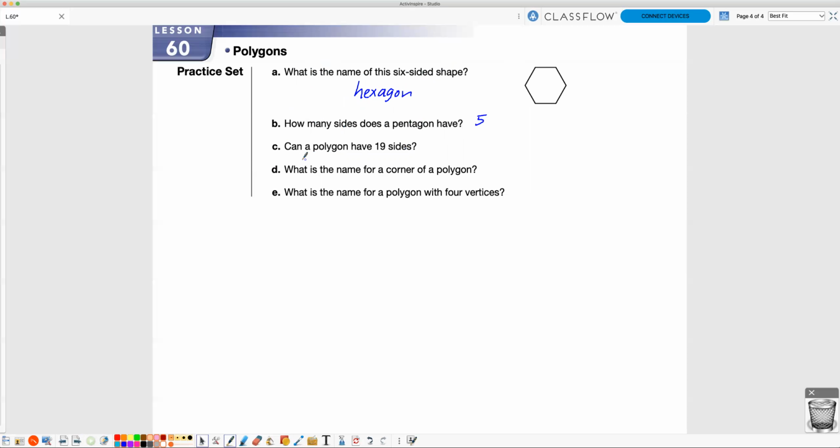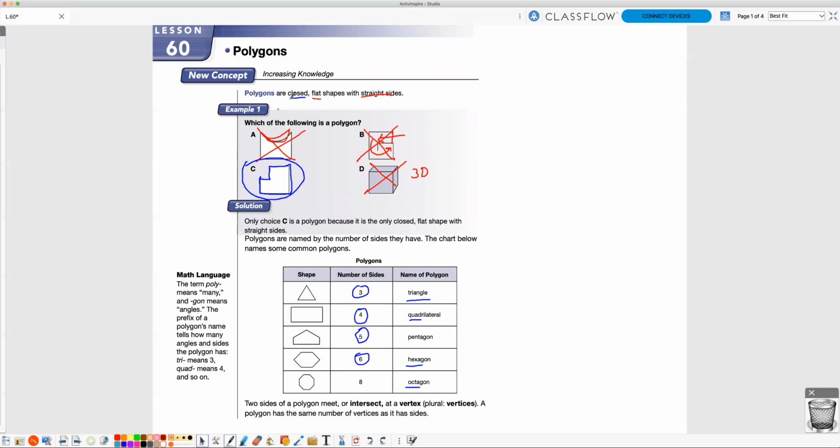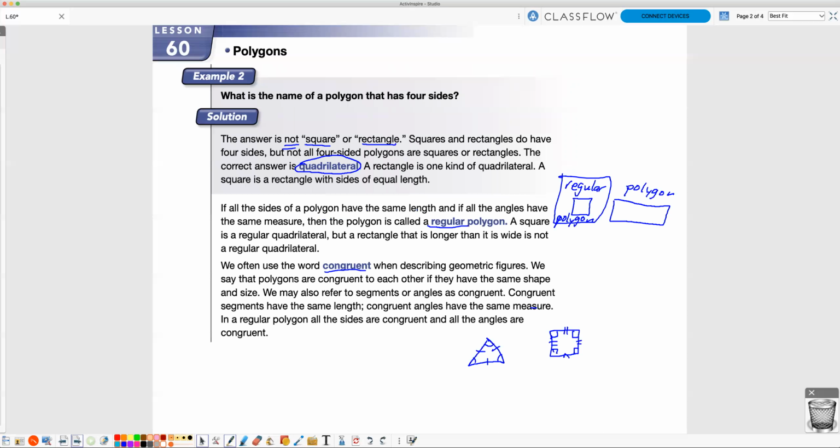Letter C, can a polygon have 19 sides? The answer to that is simply yes. Remember, the definition of a polygon is simply a closed, flat shape with straight sides. So the number of sides is irrelevant.